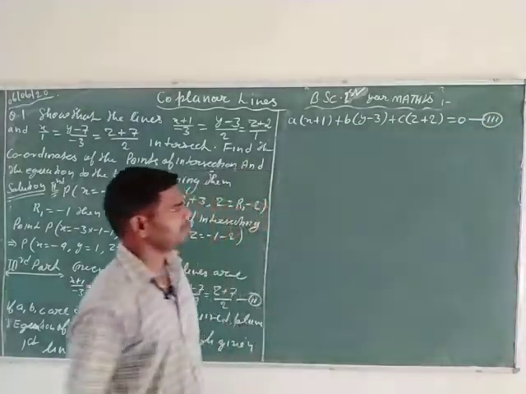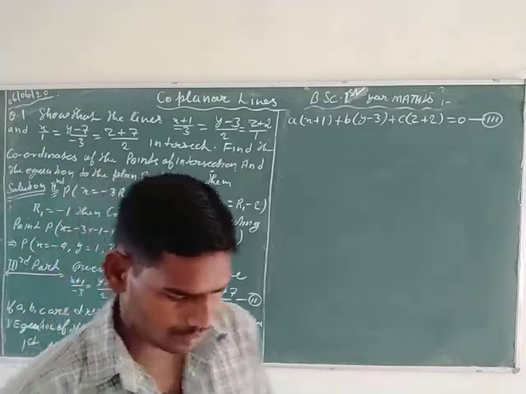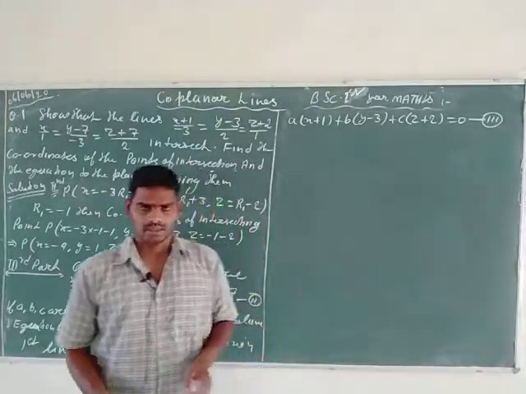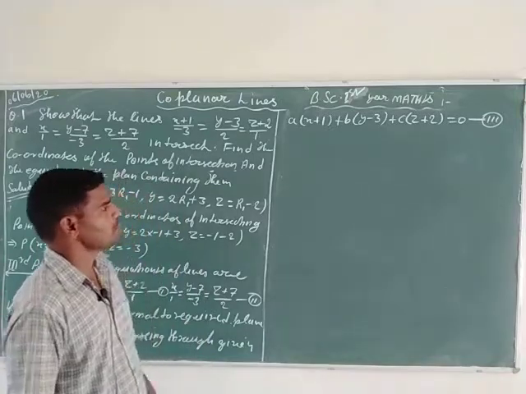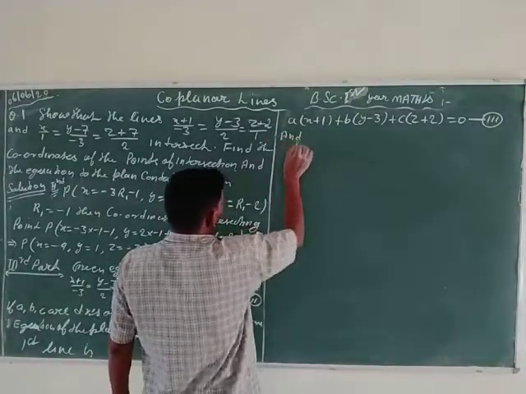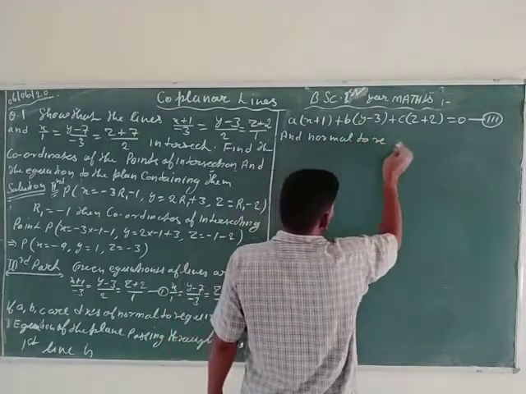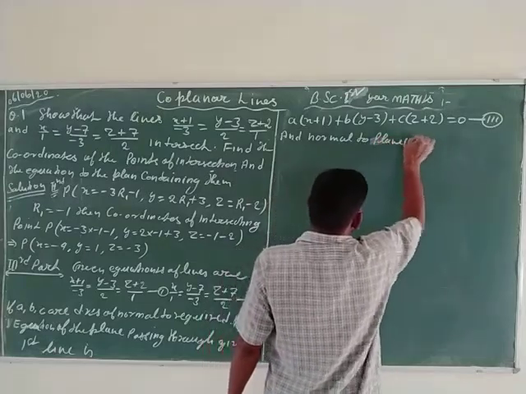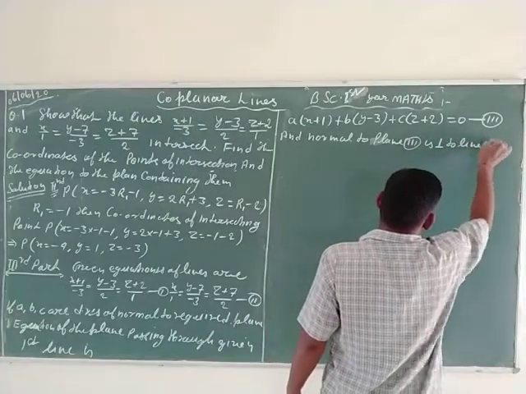You know that if any plane passes through any line or is parallel to any line, then the normal of that plane must be perpendicular to that line. Using this condition of line and plane, the normal to the required plane, plane third, is perpendicular to line first.